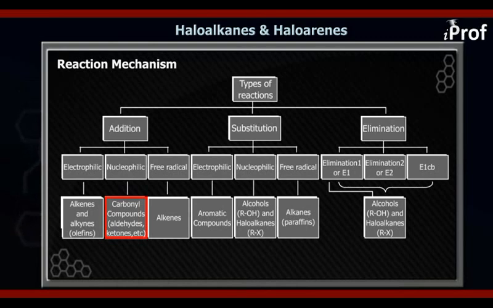Then we have anhydrides, which have a general formula of R, C double bond O, C double bond O, then R. Next derivative of carboxylic acid is amides, that is RCONH2. Now all these types of compounds have the C double bond O group, which is called a carbonyl group. So all these compounds will show nucleophilic addition reaction.